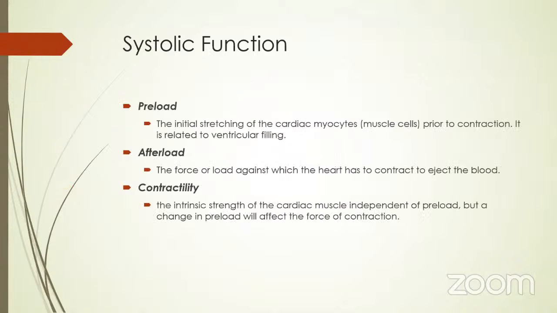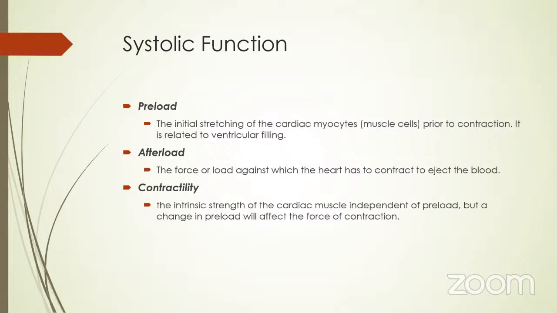The preload is defined as the initial stretching of the cardiac myocytes prior to contraction, and it is related to ventricular filling. The afterload is defined as the force or load against which the heart has to contract to eject the blood.